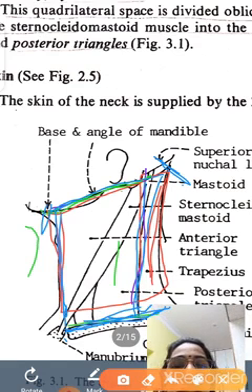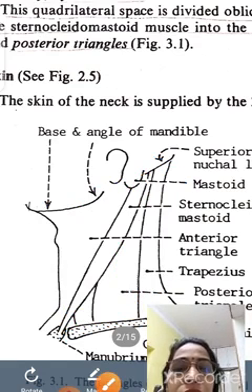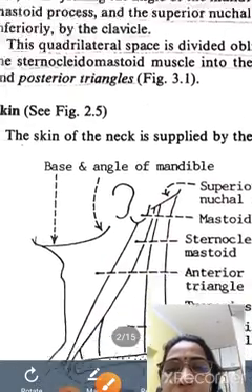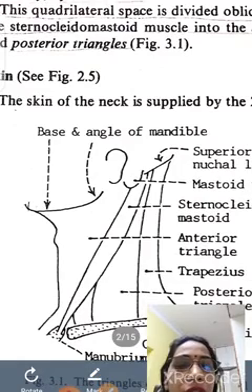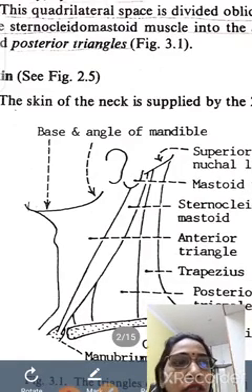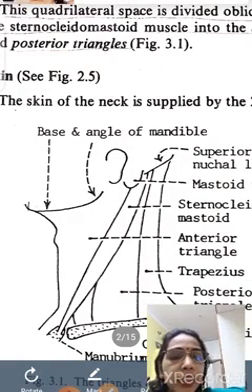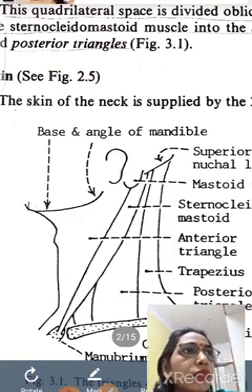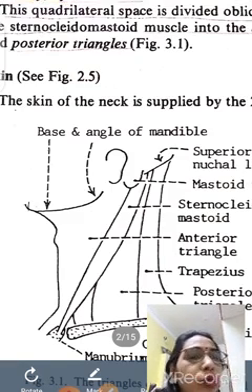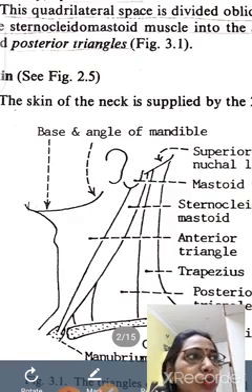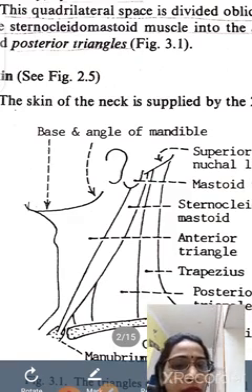This constitutes the triangle of the neck. It is basically quadrilateral in shape and divided into various triangles that we'll discuss in the next slides.